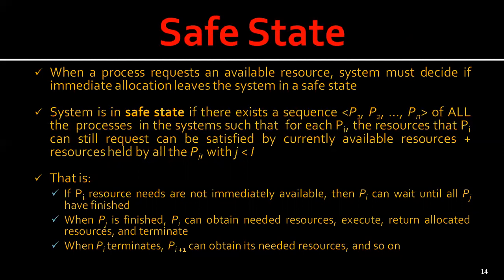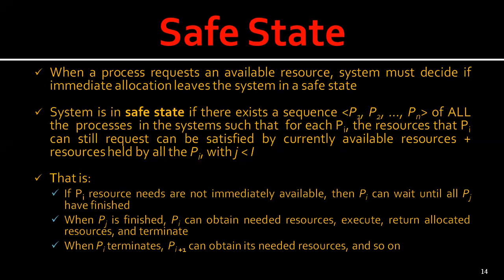Suppose the sequence of processes P1 to Pn is a safe sequence if, for each process Pi, the resources that Pi can still request can be satisfied by the currently available resources plus the resources that are being held by the Pj, where j is less than i.